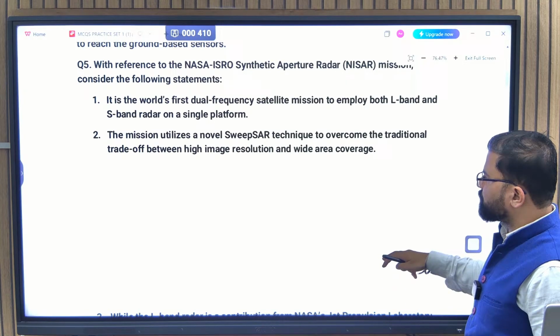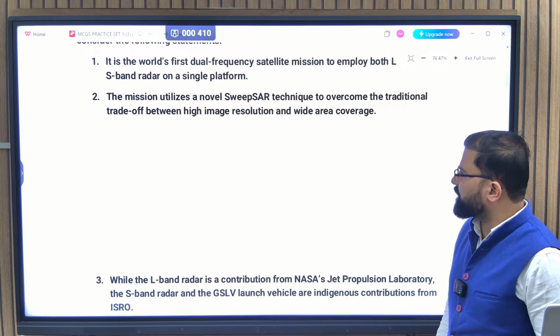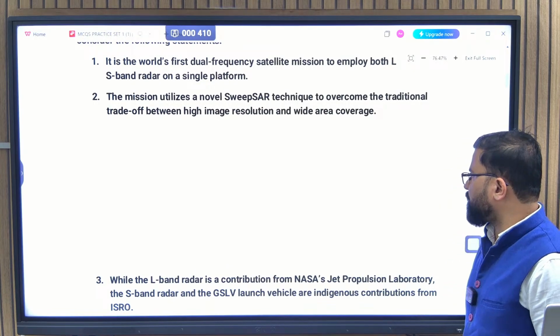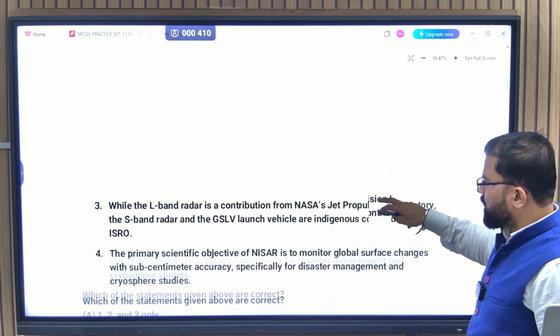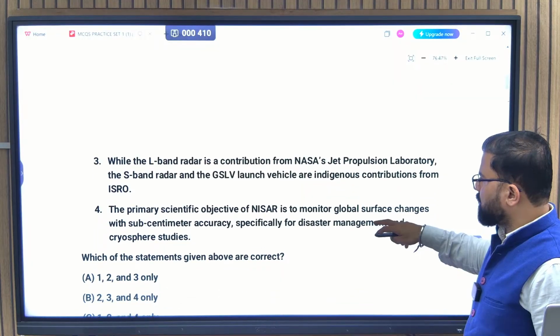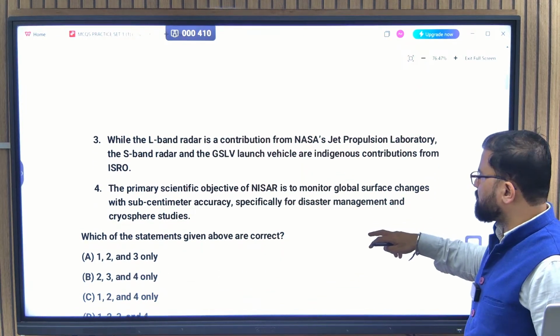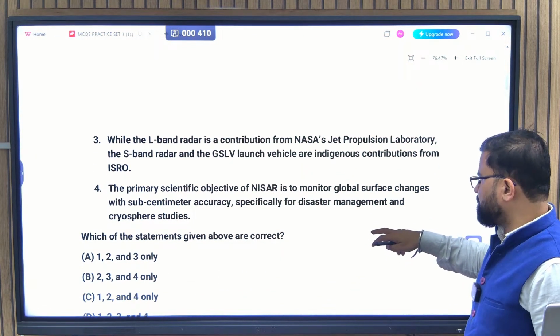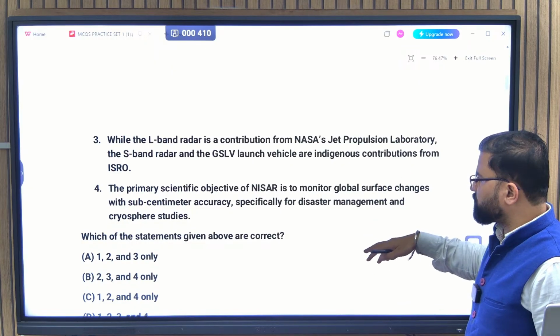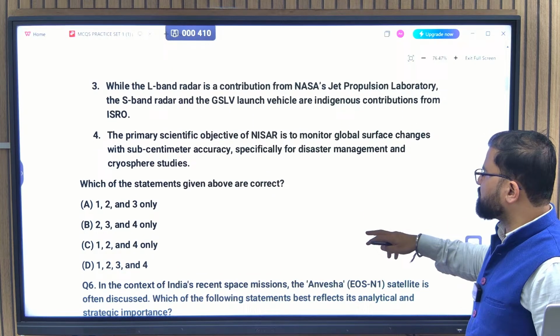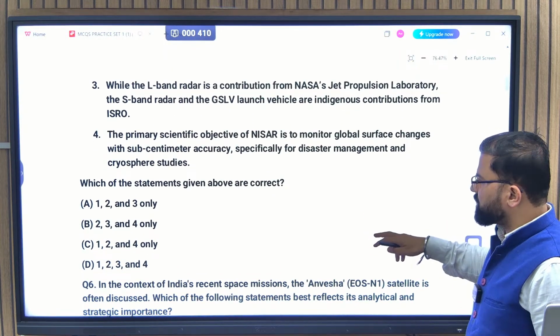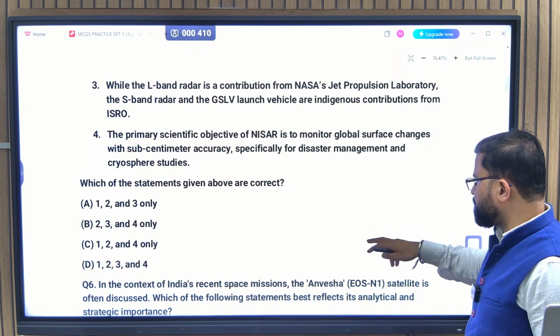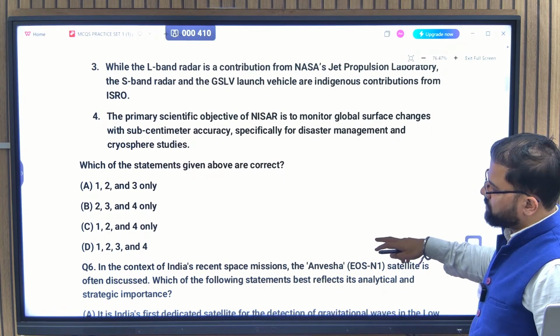Second, the mission utilizes a novel SweepSAR technique to overcome the traditional trade-off between high image resolution and wide area coverage. Third, while the L-band radar is a contribution of NASA's Jet Propulsion Laboratory, the S-band and GSLV launch vehicle are indigenous contributions from ISRO. Fourth, the primary scientific objective of NISAR is to monitor global surface changes with sub-centimeter accuracy, specifically for disaster management and cryospheric studies. What will be the answer?